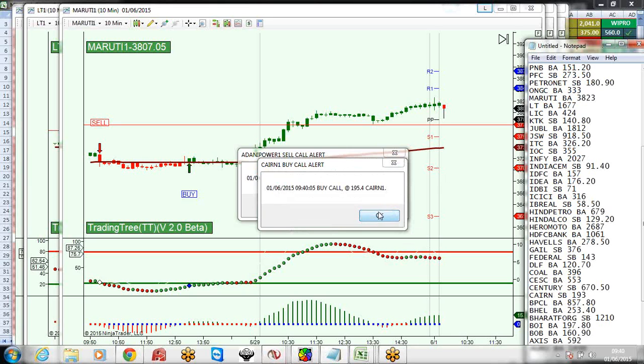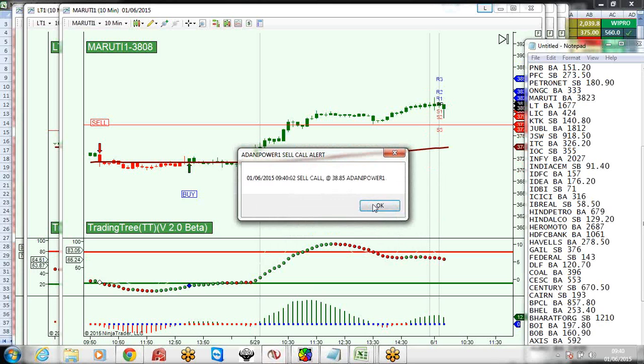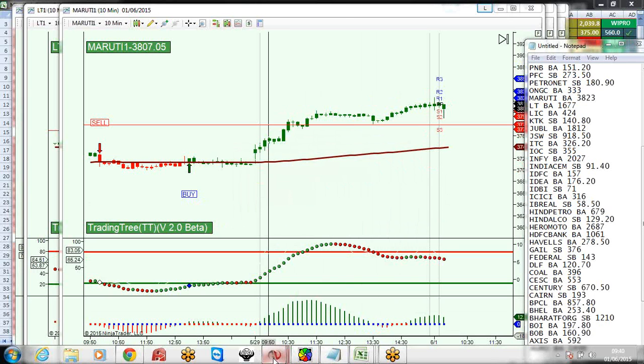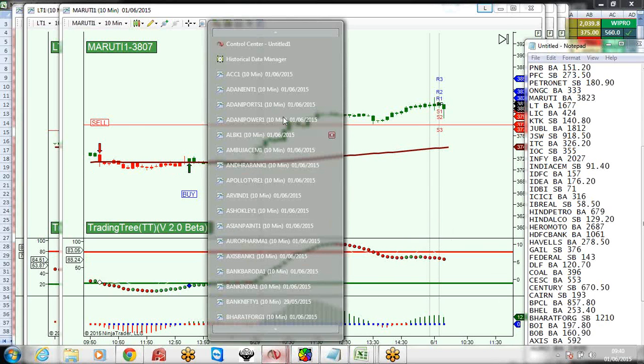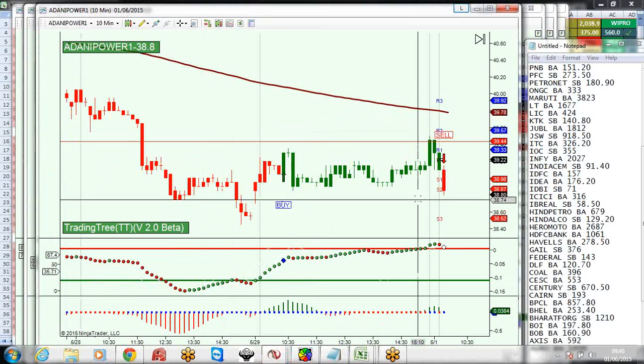There is a buy call in Canara Bank. So you have a buy in Canara and sell in Adani Power. So Adani Power is your sell here. You can short it at this price, 48.70.